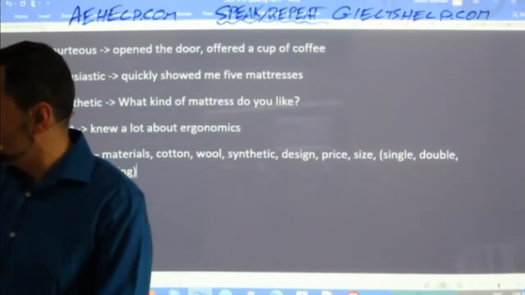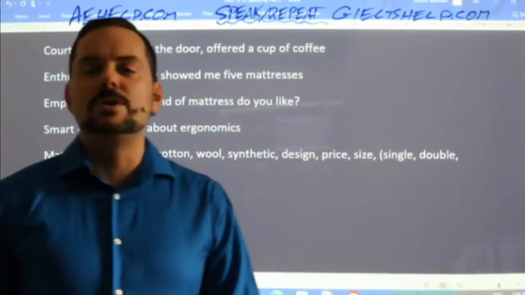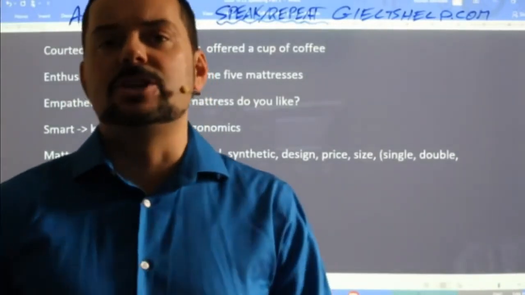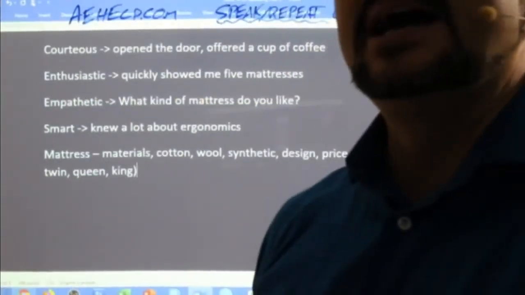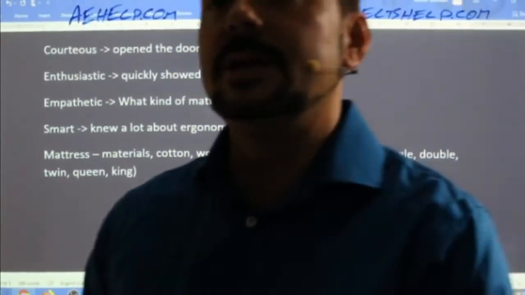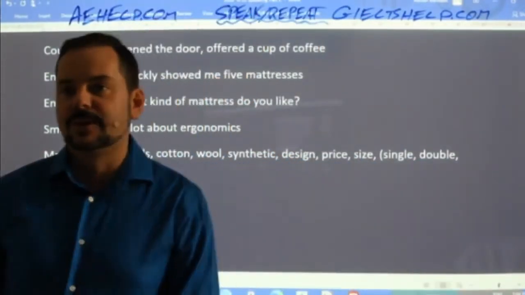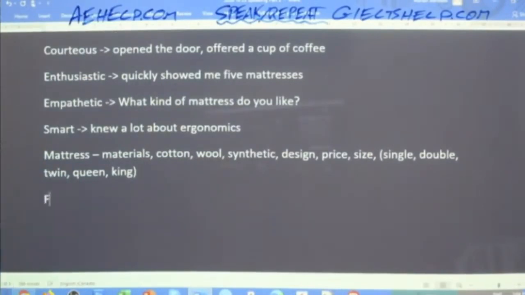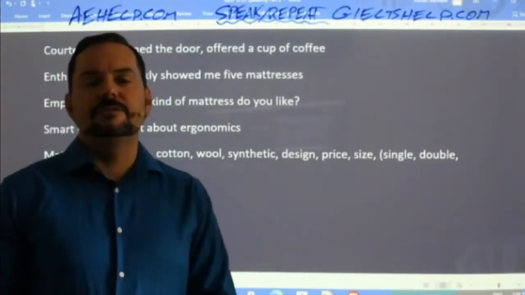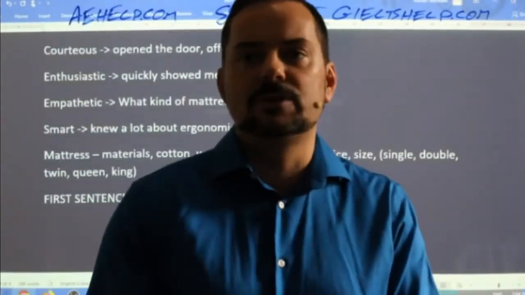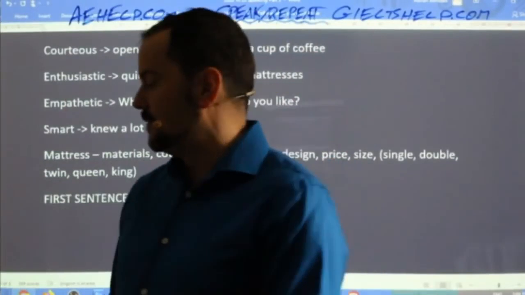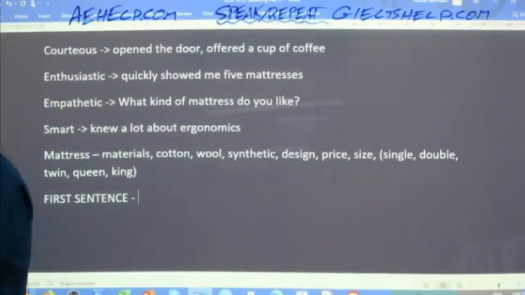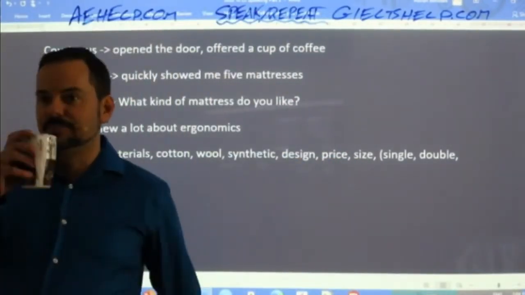So now you've basically got all the information that you need to have a good little 2-minute mini speech. We need one more step. It's your first sentence. Give me the first sentence before the examiner says your 1-minute preparation time is up.